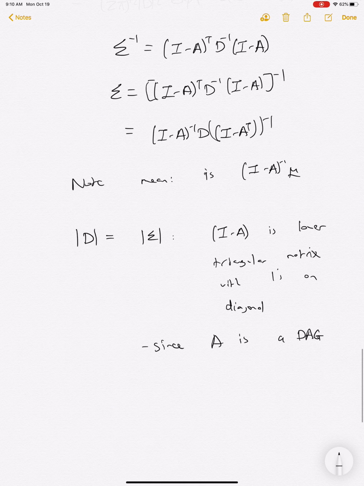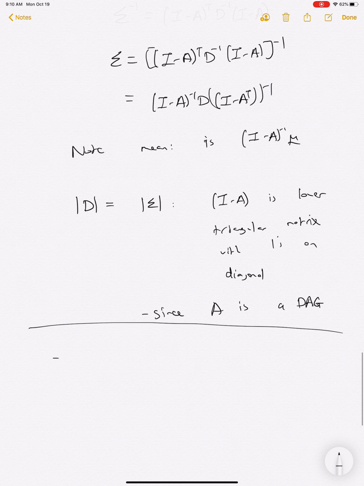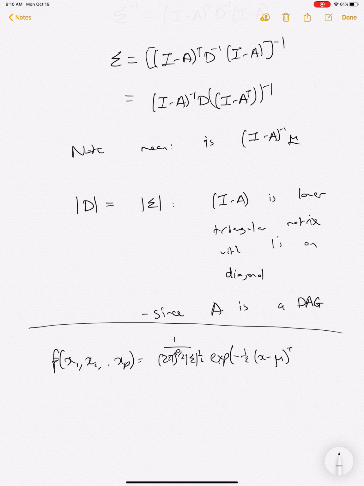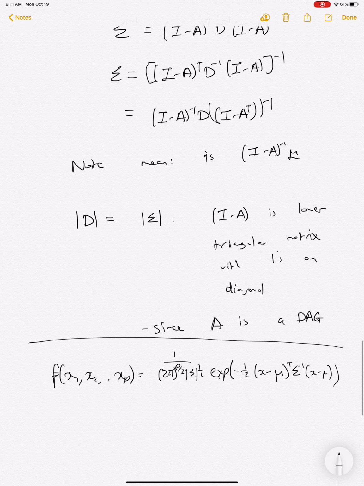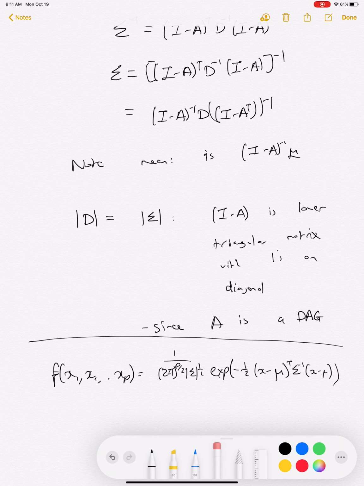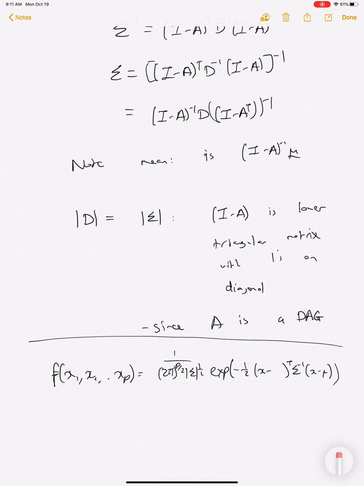So we can express this whole f of x1, x2 up to xp as 1 over 2 pi to the p over 2, times the exponential of negative a half (x minus m) transpose sigma inverse (x minus m).